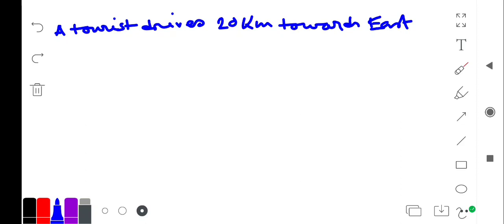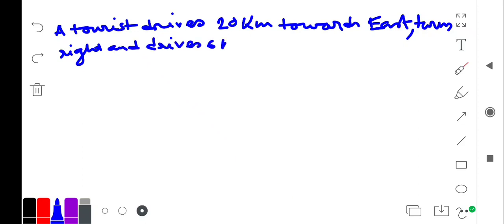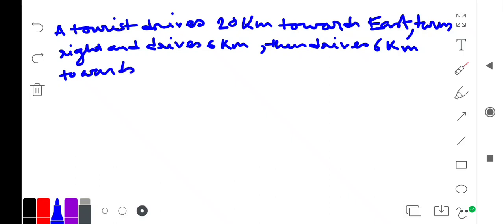Okay, turns right and drives 6 kilometers, then drives 6 kilometers towards west.